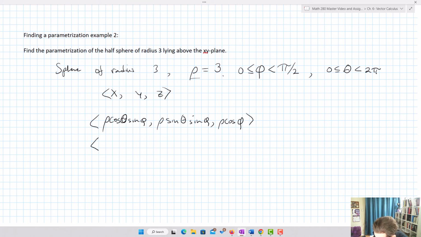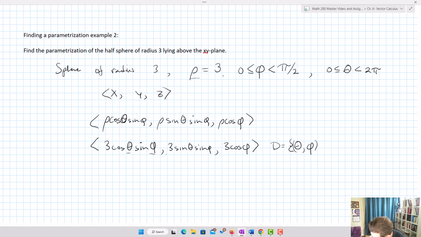So we can change this to 3 cosine theta sine phi, 3 sine theta sine phi, and 3 cosine phi. And then we'll let theta and phi be our variables, and so our domain will equal the set theta and phi such that phi is greater than or equal to 0 and less than pi over 2, and theta is greater than or equal to 0 and less than 2 pi.